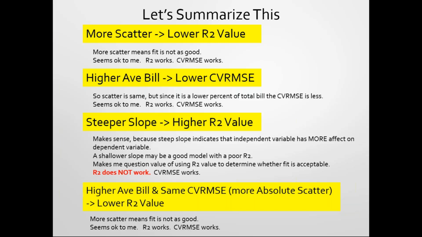But if your average bill was 1,000 and the scatter was only by that same amount, which was, you know, 90, then the CVRMSE might only be 10% because it's only 10% of the total bill. So this does make total sense to me. So more scatter means the fit is not as good, but it seems to work. So they both work to me.